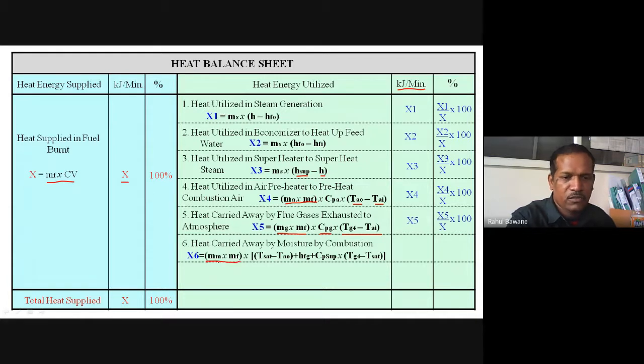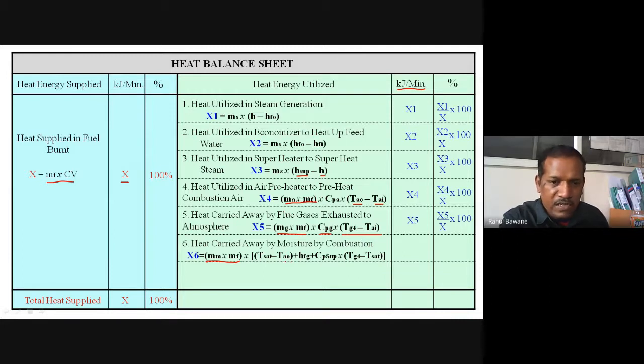So total mass of moisture, because fuel itself has moisture. Suppose coal is there, and in rainy season that coal gets wet due to rain or wet air. No doubt coal itself has some moisture, and air has moisture. So we have to consider all that. Mass of moisture multiplied by mass of fuel is the total moisture, multiplied by saturation temperature of steam minus temperature of air.